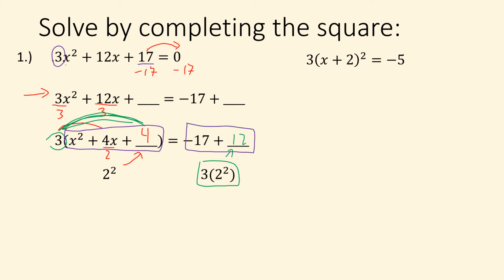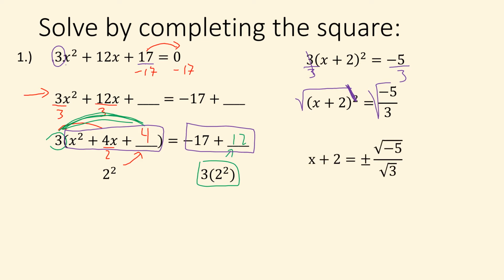Okay, now we want to solve this. First step, divide by the 3. Now we can square root them because that parentheses is by itself. And anytime we get rid of a squared with a square root, we need to put the plus minus in front of this radical. Okay, we have a fraction inside a radical. We're going to need to rationalize it by multiplying top and bottom by that radical that's on the bottom there. We also have a negative inside here.